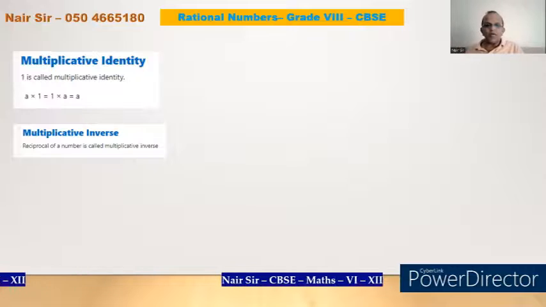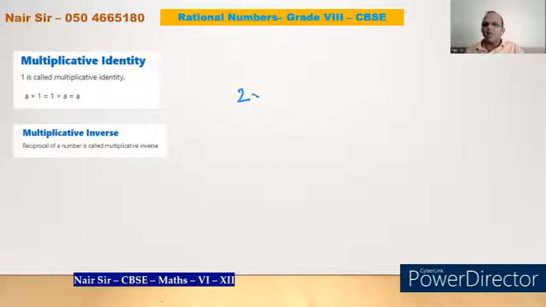So if suppose I have a number 2, I want to multiply a number in such a way that I will get 1. Do you remember transpose? So this number, and do you know what this is? This is called reciprocal.